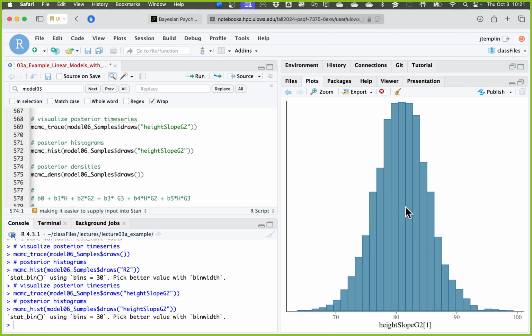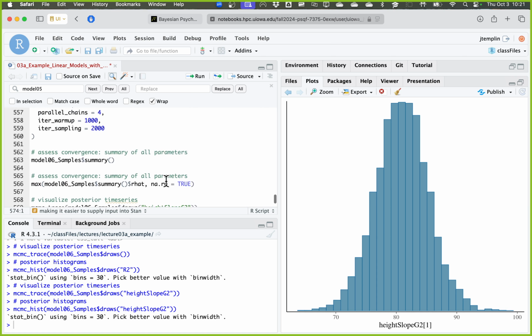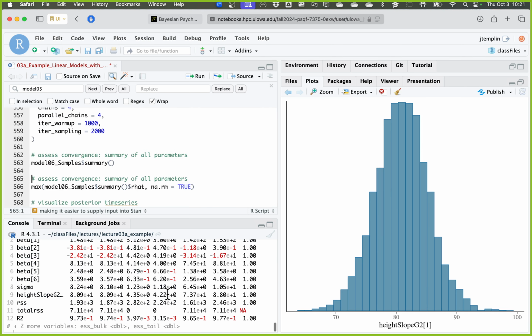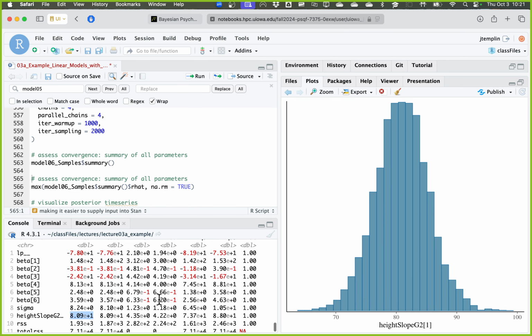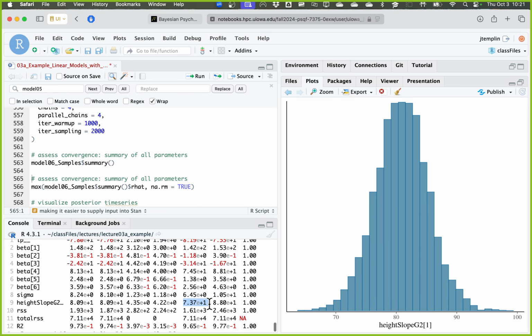And if you want to talk about whether or not this slope was a significant slope for height in group 2, the answer is yes, because we can see that 0 doesn't really fall anywhere into our posterior distribution at all. Again, we could take a credible interval of this, see that it ranges between, and here, let me get the numbers again. 80.9 was its posterior mean, and our credible interval that's not highest density, which will be very similar to highest density because it's symmetric, is somewhere between 73.7 and 88.0.